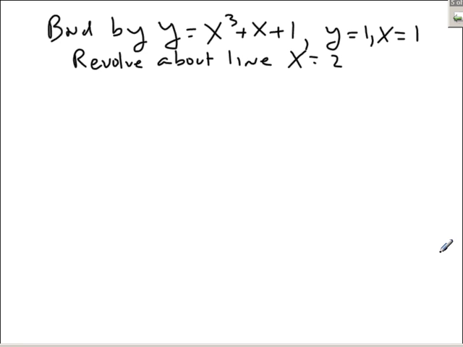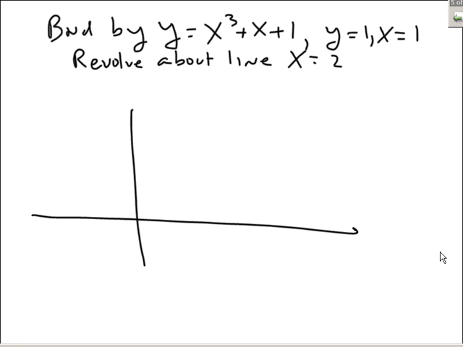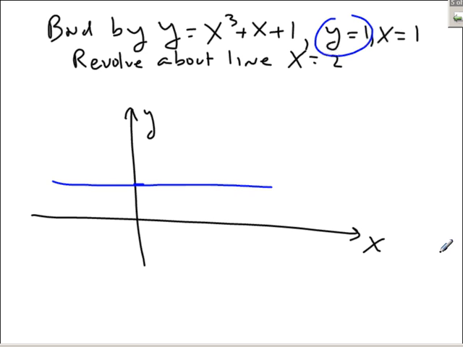Okay. Now, here is your x and y axis. One curve is y equals 1, which is this line right here. Another curve is x is 1, which is right there.